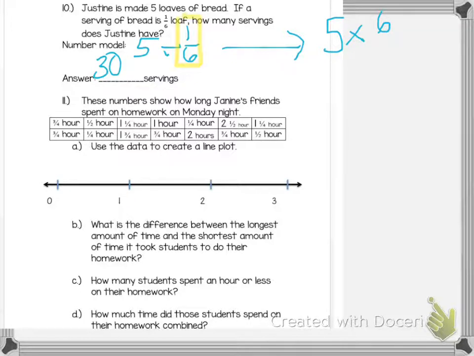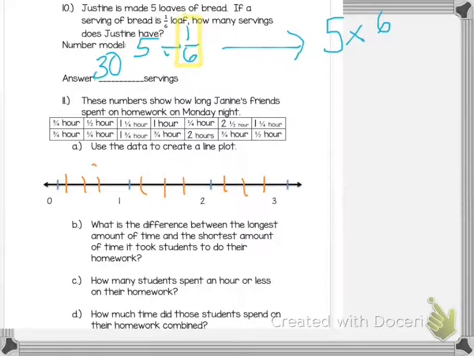The next one says, these numbers show how long Janine's friends spent on their homework on Monday night. First thing I'm going to do is I see that there are fourths, so I'm going to split these all into fourths, so it's easier on myself.